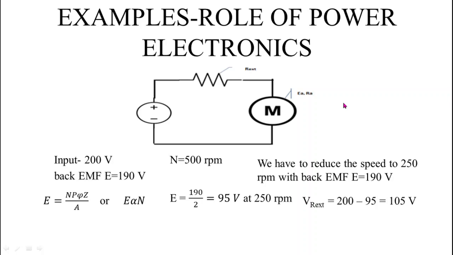In this whole process, the power losses are associated with this external resistance. So what will be the power losses across this external resistance? These losses will be V square by R external, where V is the drop across this external resistance. So we can say that this method is associated with losses.